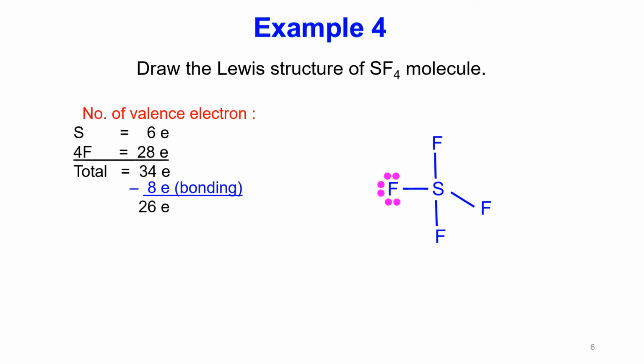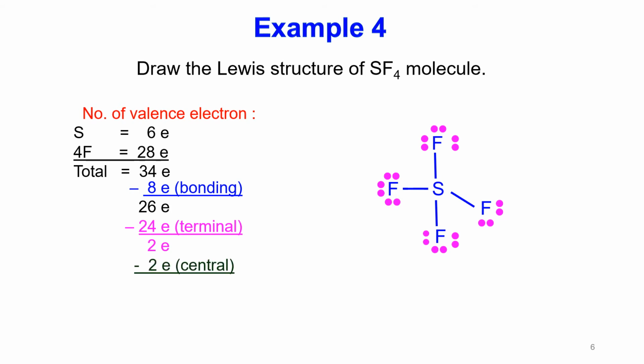Bonding is 8, minus the electrons at the terminal, at the fluorine. We have fluorine here, 6 each. Then minus 2 at the center.